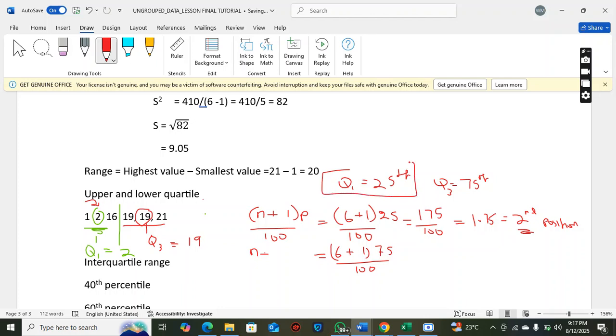The 25th percentile is the lower quartile, and the 75th percentile is the upper quartile. And the median is the 50th percentile. Median, 50th percentile.